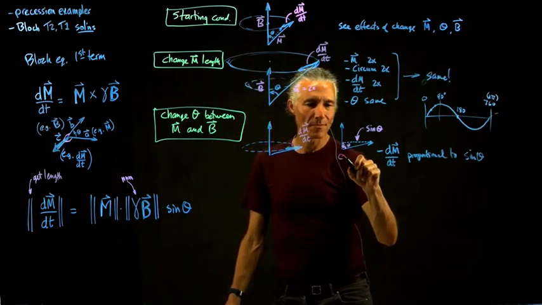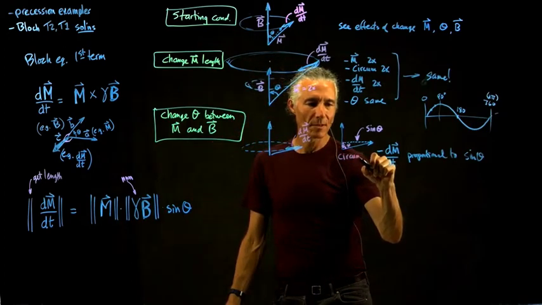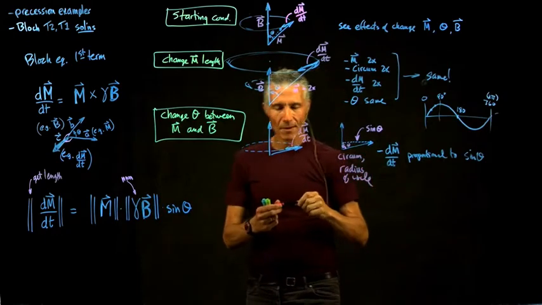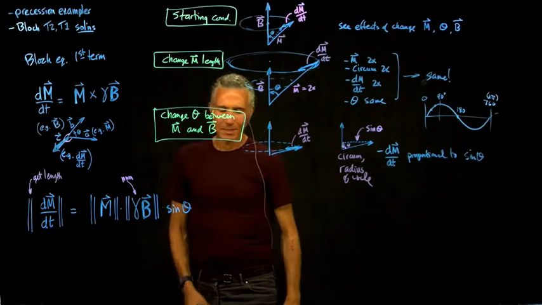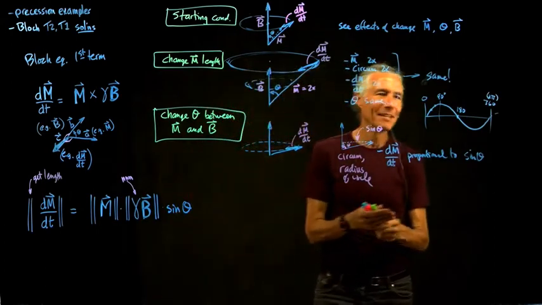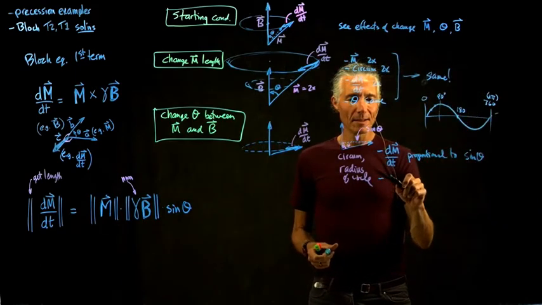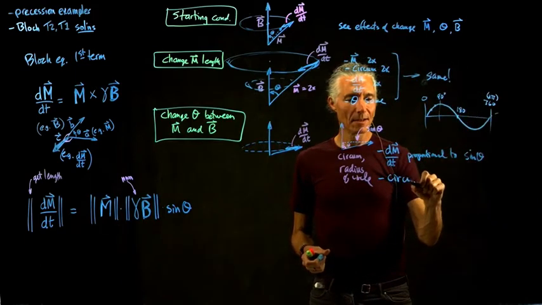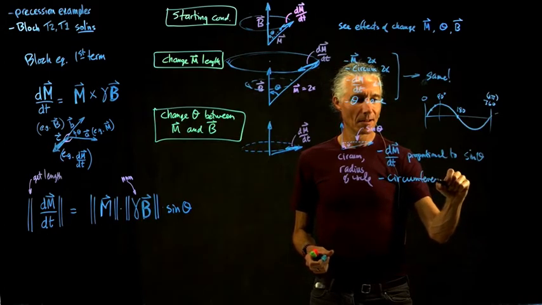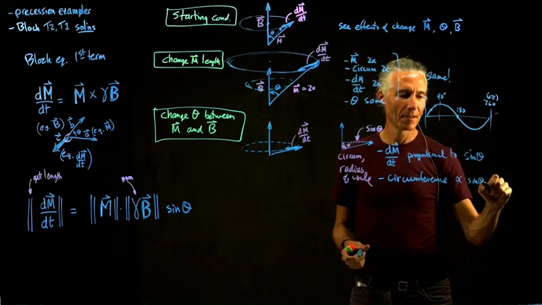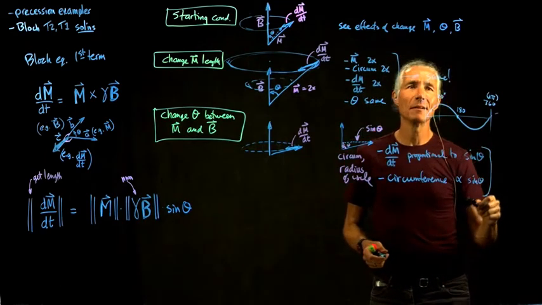This is the circumference, or radius. We just calculated the radius of the circle. So what's the effect? Nothing. Nothing happens again. dm is proportional to sine, but the circumference is also proportional to sine. So the end result is the same.